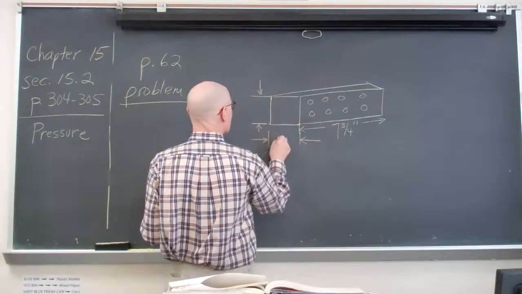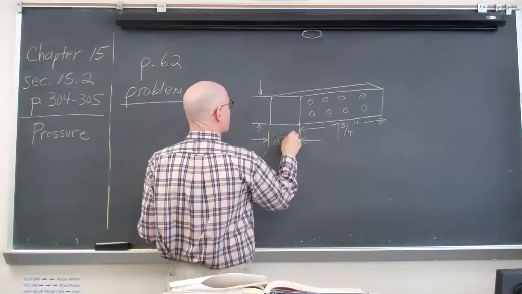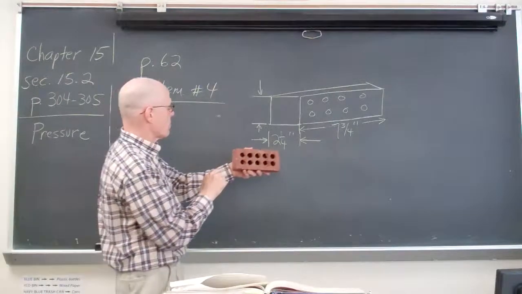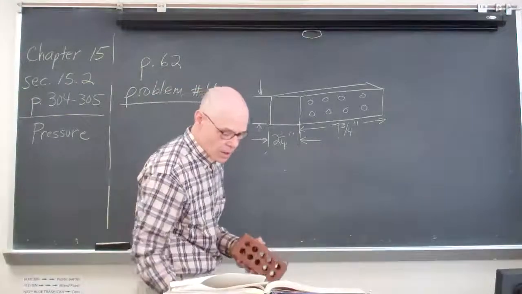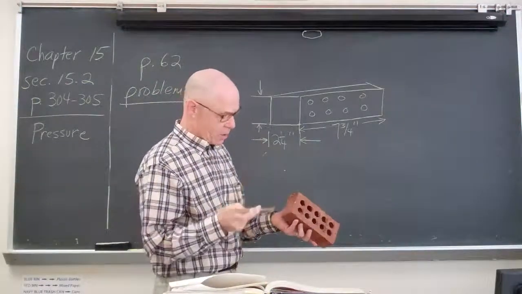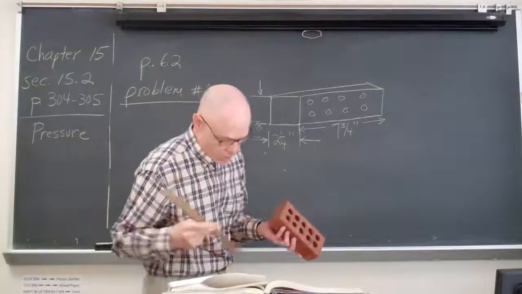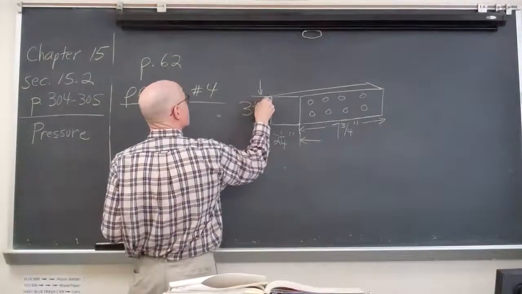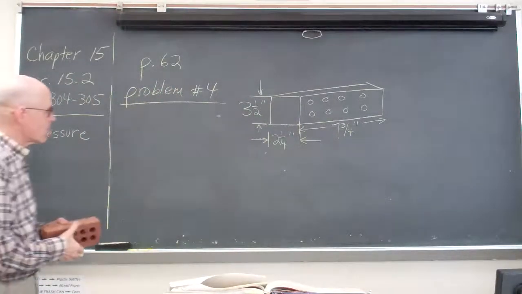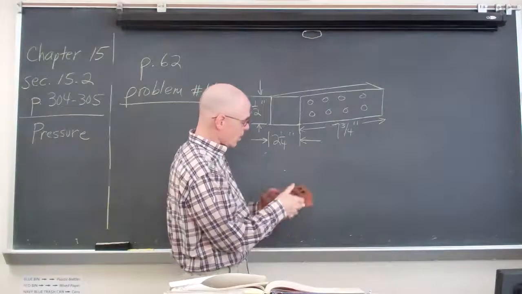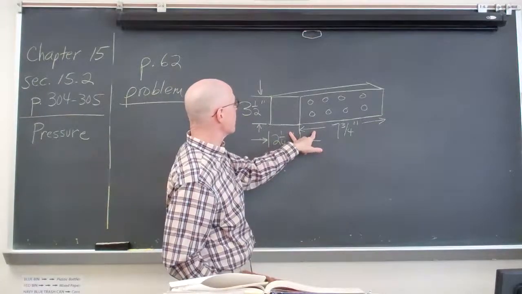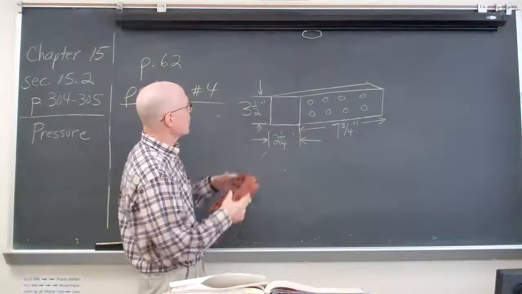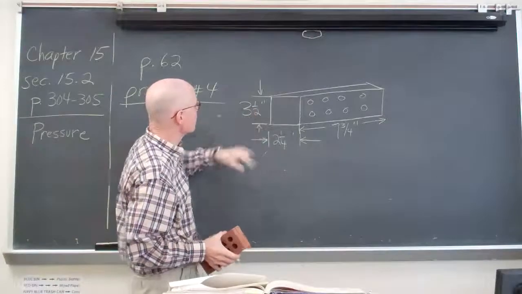That would be this one. And then this dimension right here looks like 3 1/2 inches. Okay, so those are your dimensions. For the bottom surface, you'd use these two dimensions to calculate area, and for this end area, you could use these two dimensions.